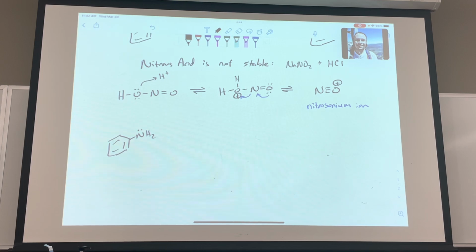So what's happening in that process is as you add that nitrite HCl mixture to the amine, the aromatic amine is going to go and attack the electrophile.